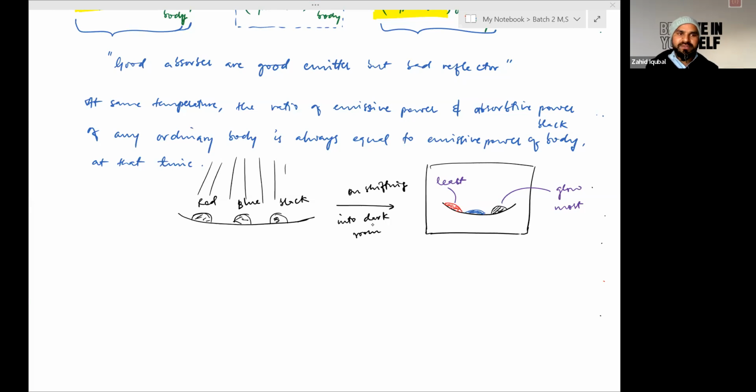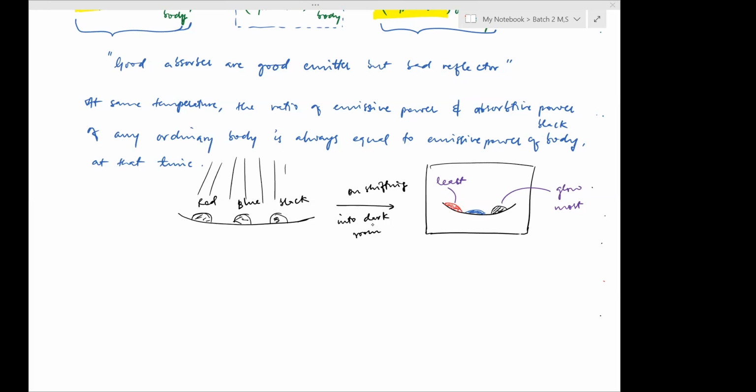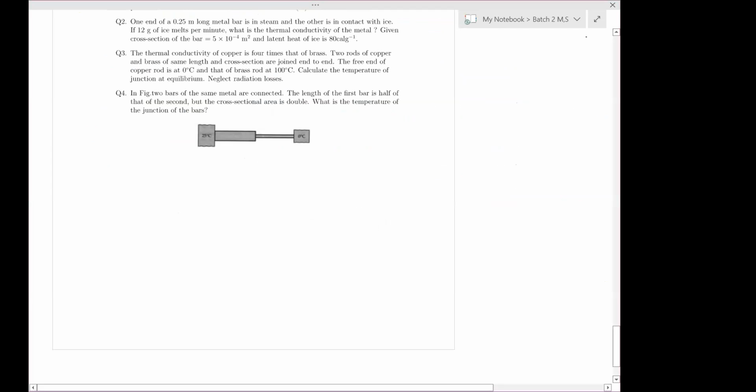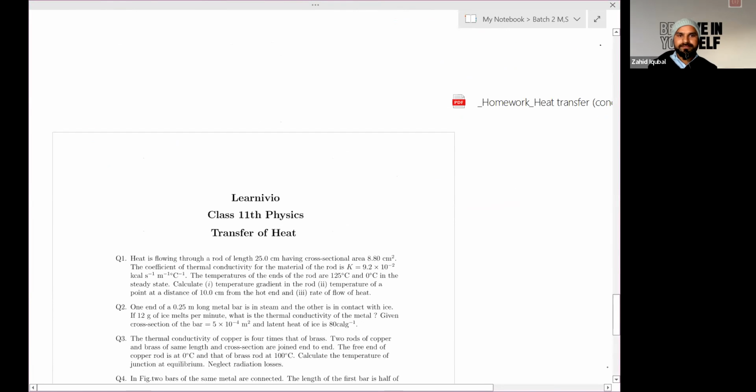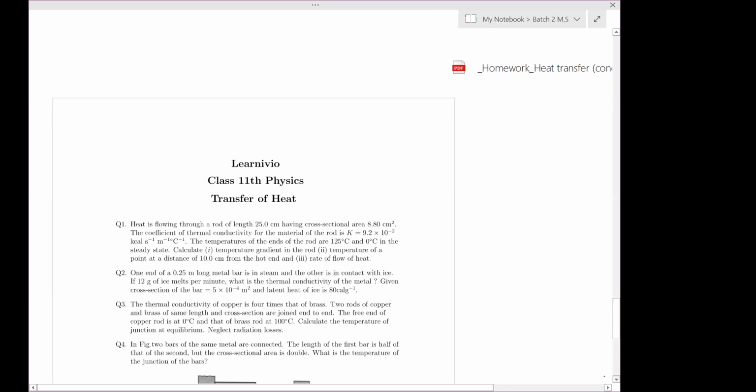It was based on heat transfer. Yes, sir. This one? Yes, sir. Okay.